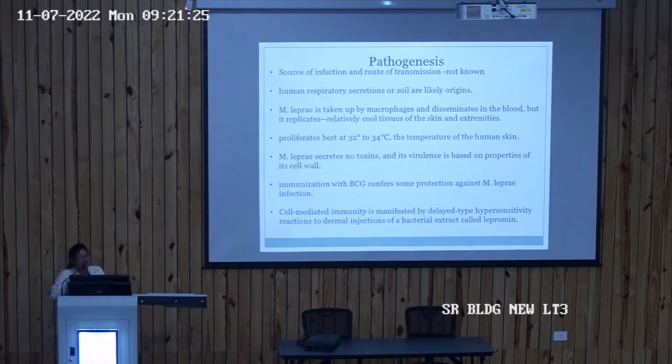Inside the body, Mycobacterium leprae is taken up by the macrophages and disseminates in the blood, but it replicates in the cooler tissues, as I already told you: skin, mucosa, superficial lymph nodes and extremities. It proliferates at 32 to 34 degrees centigrade, the temperature of the human skin.